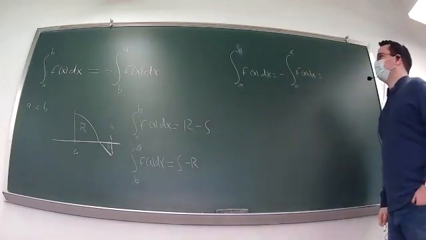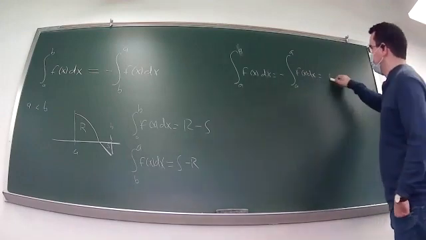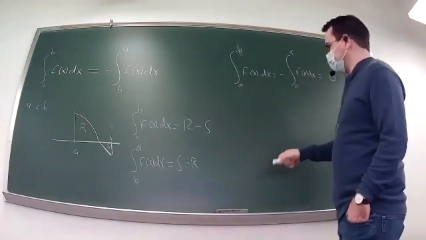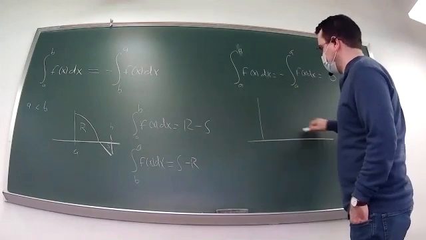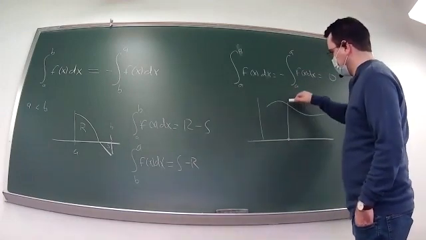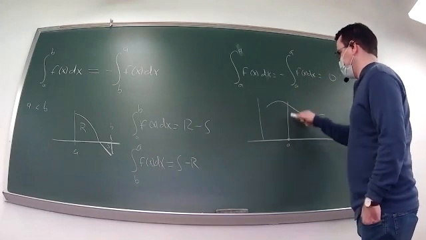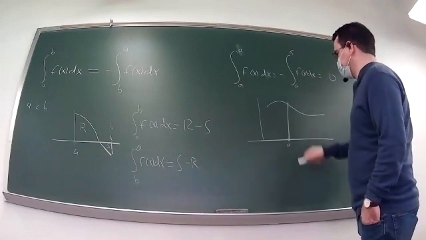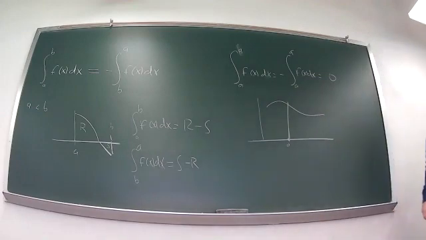And the only number that's equal to its own negative is 0, which also makes total sense, because if you are integrating a function, you want the area under the curve, but if you just go from A to A, then the area under the curve is just the length of the line. There's no area there. So the integral should be 0.